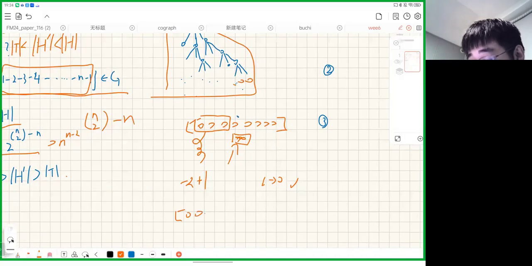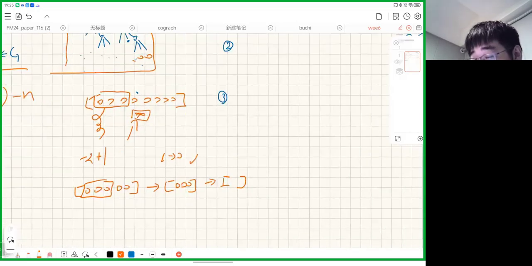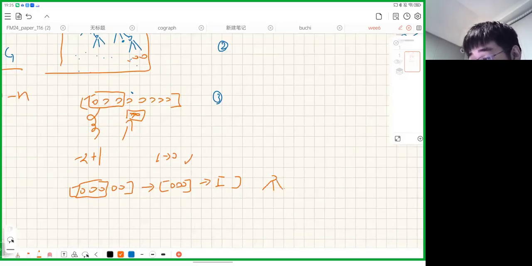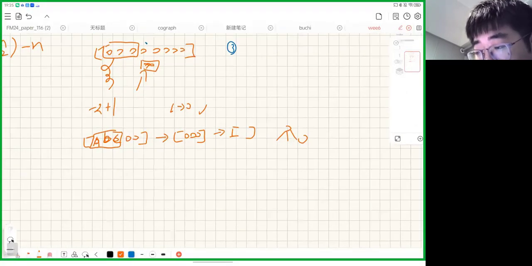Firstly, if we finally are left with only 5 elements, we take 3 and add 1, and then we remove 1 to 0. That's okay, right? Because we create something like this one. Let's call these A, B, C, D, E.